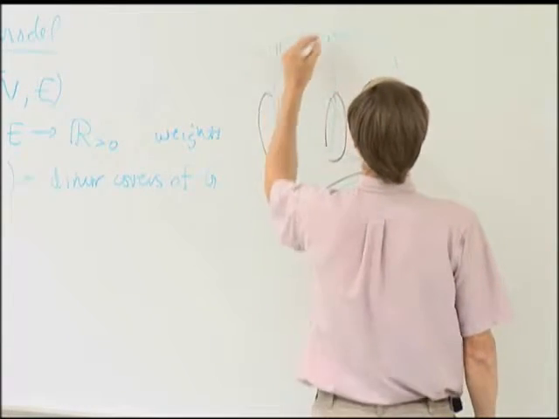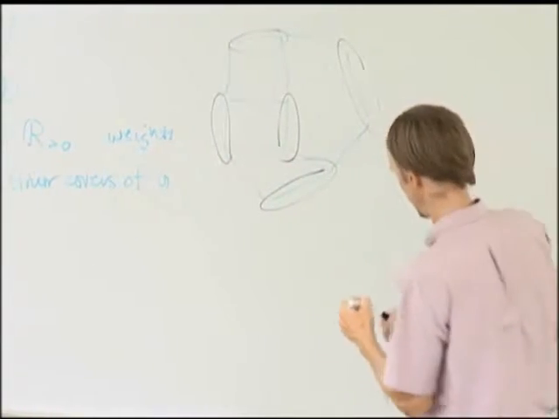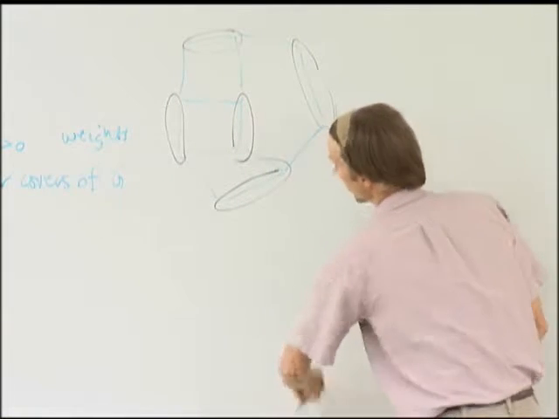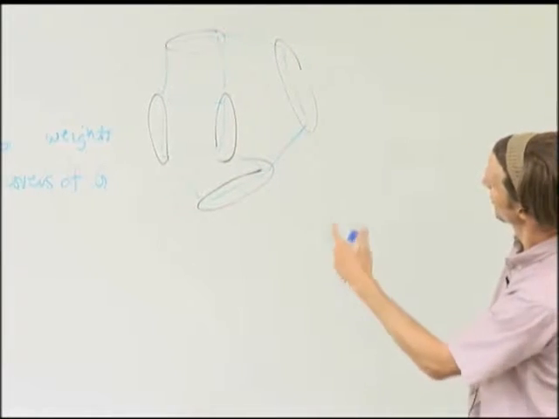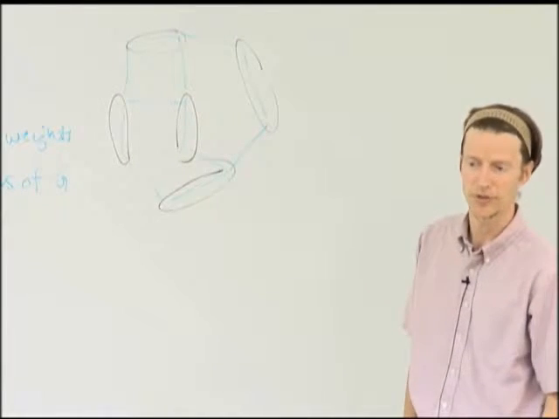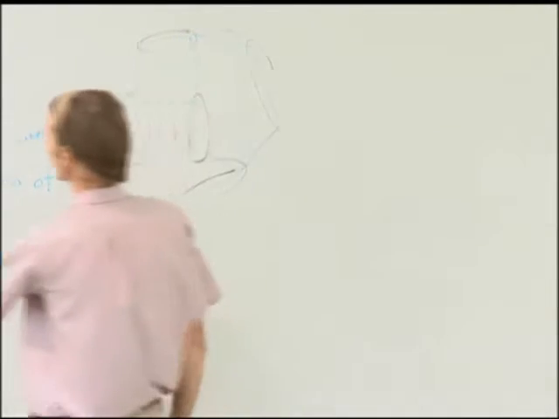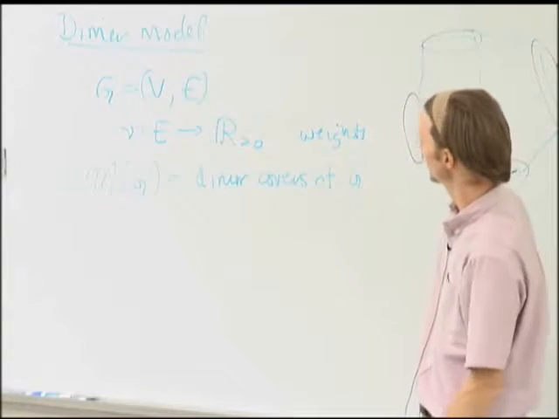All right, so there's a perfect matching of my graph. And associated to the weight function, we can put a measure on the set of perfect matchings. G is a finite graph, so M of G is a finite set.